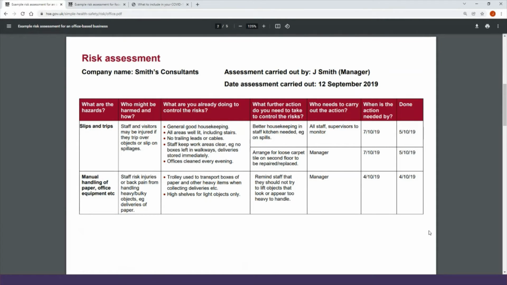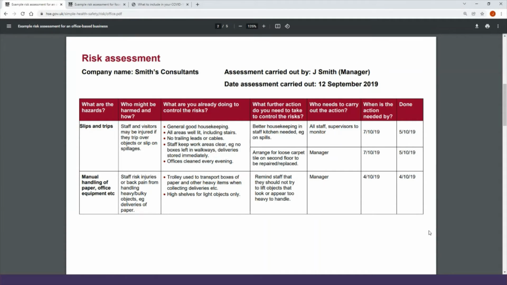You can see here at the top that you will identify what the hazards are in the left-hand column, who might be harmed and how, what you are already doing to control these risks, what further action you need to take to control the risks, who needs to carry out the action, and you will see the last two boxes on the right hand side are dates and when those have been completed.